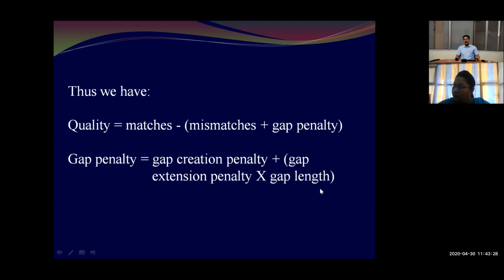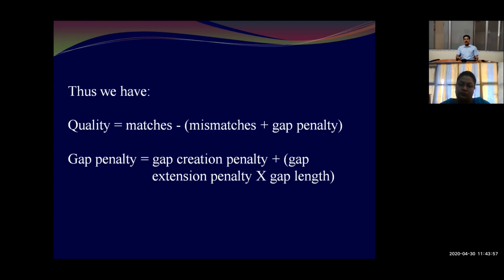This will be determined following a particular set of rules, that is, certain scoring matrices. We can give different scores for matches, different scores for mismatches, different scores for gap creation, and different scores for gap extension. This will be determined by certain criteria, based on which, for a particular alignment, we take into account the possible score for all these things.